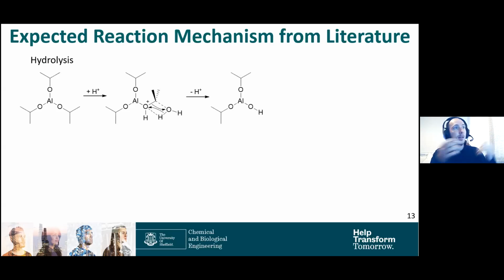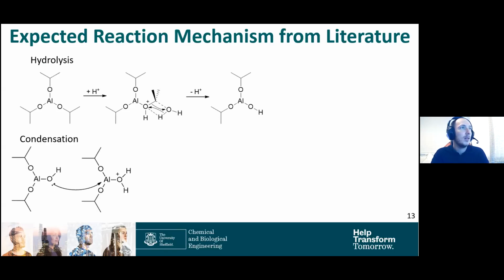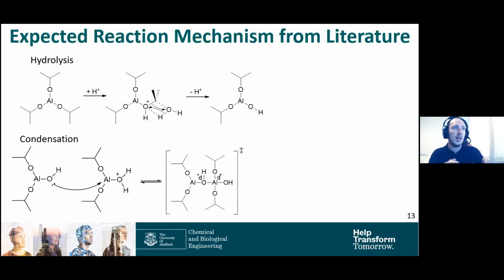And then you'd get left with your aluminium hydroxide group. This aluminium hydroxide group could then undergo polycondensation reactions with other aluminium hydroxide by performing reactive attack of the other aluminium, stabilized transition state, and kicking out some water. And then you'd get a full gel network of lots of aluminiums bonded together through this oxygen.